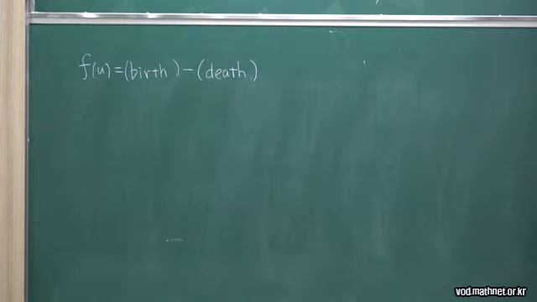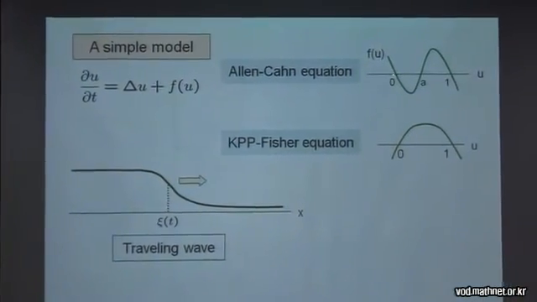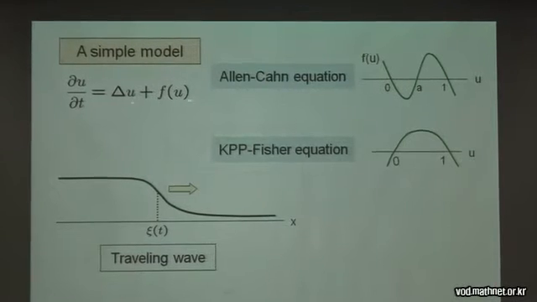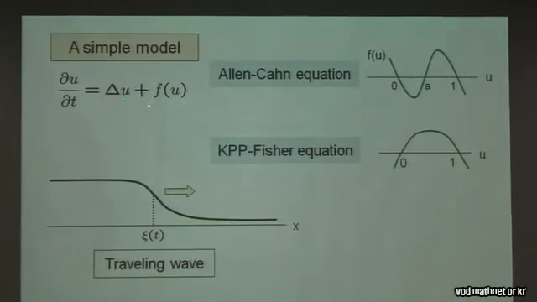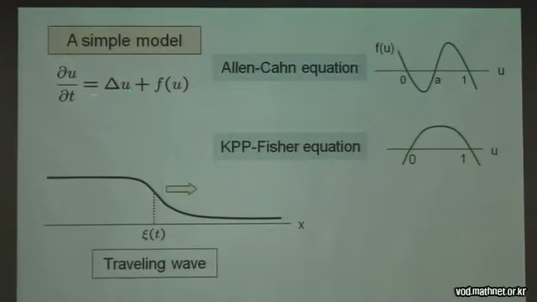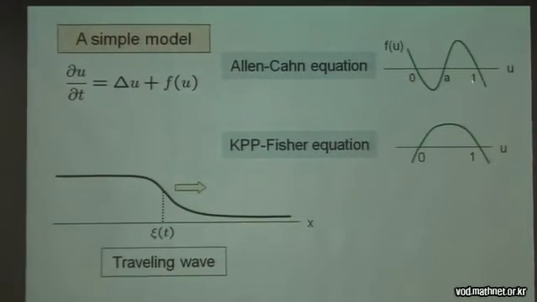Then it is known that for this equation, for example for the Allen-Cahn equation, there are three zeros of f, but two of them are stable. If you neglect the Laplacian of u, then du/dt equals f of u is a simple ODE. Then u equals 0 and u equals 1 are stable zeros.